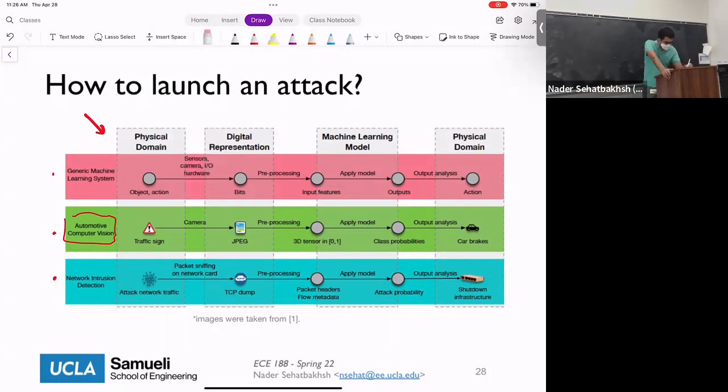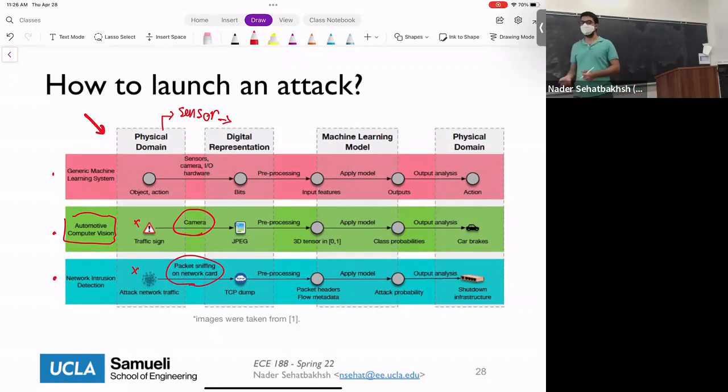So that's the first thing that both of these have. Then from the physical domain, we need some sort of sensor to translate this into a digital representation, right? For the autonomous car, that sensor is a camera. In the network example, it is packet sniffing from the network card.